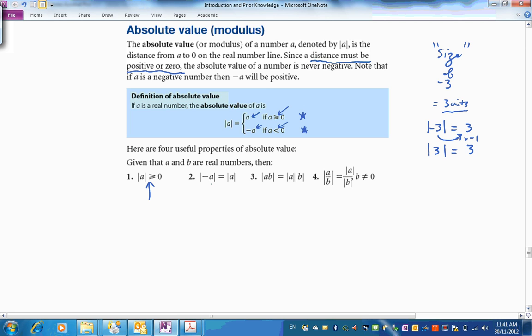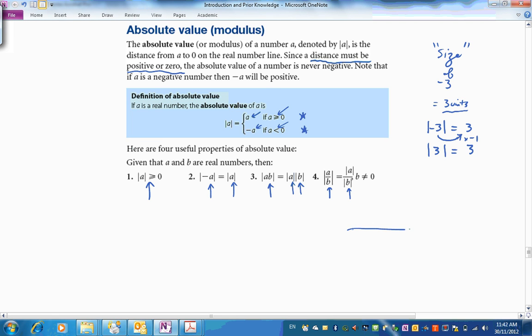The modulus or absolute value of a negative number is the same as a positive, because they're the same distance from the origin, from O, and if you have the size of a product, it's equal to the product of the 2 sizes, because they're all positive numbers, and similarly here. If you're looking at the size of a quotient, A divided by B, then it's the size of A over the size of B. Alright, so that's pretty much okay.